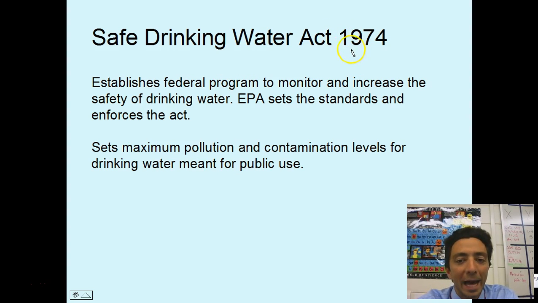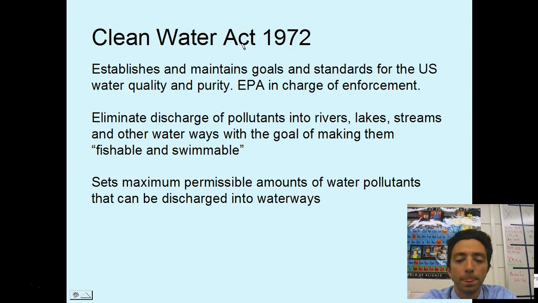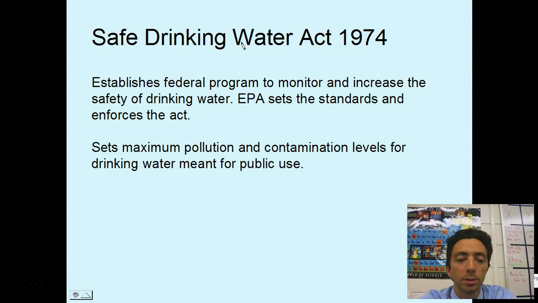We've got a second act in the same era to concern ourselves with, the Safe Drinking Water Act. Again, this act is ensuring the water going into our houses, where the Clean Water Act is ensuring or regulating the water leaving businesses and houses. It sets the standards for drinking water, what we can call clean drinking water in the United States.